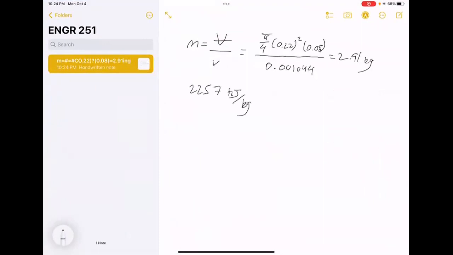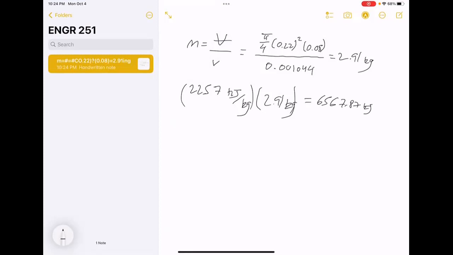But we're multiplying this by 2.91 kilograms, because if it's this much per kilogram, then how much is it for 2.91 kilograms? And the answer is 6567.87 kilojoules.